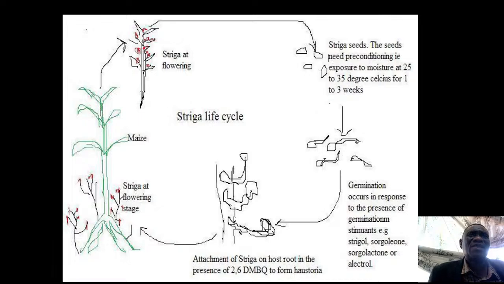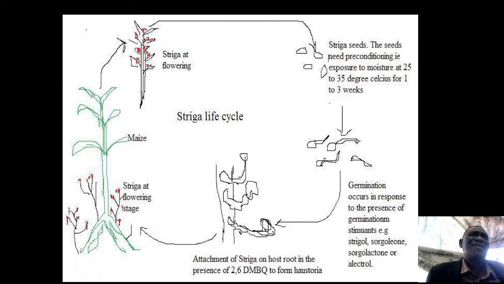We have sorgolactone. We have alectrol. In fact, we have quite a number of these compounds depending on the plants. Most plants produce these compounds. So once you have these compounds and you have your preconditioned Striga seed, then the germination process will begin.